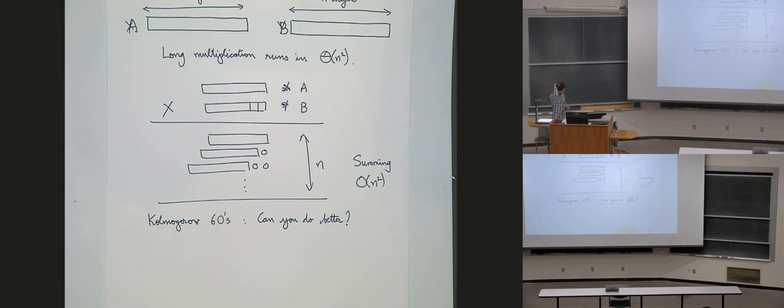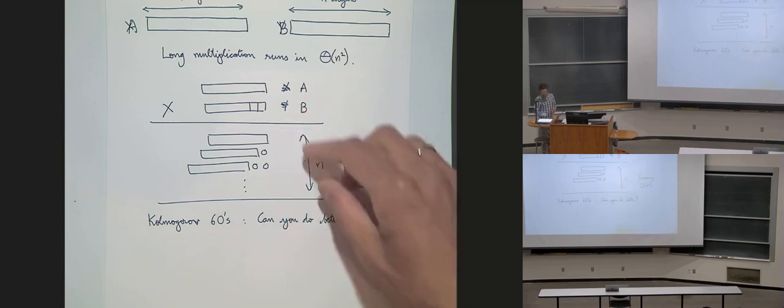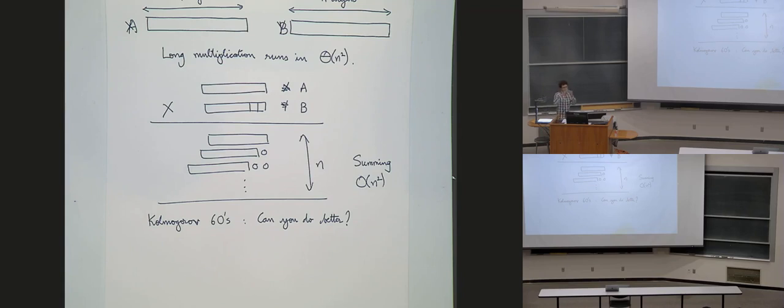So he went to a seminar and he posed this problem. They were actually interested in building circuits, and the question they were asking was the size of the circuit. If you try to represent this with gates, you can do it with an n-squared gate circuit, because in every gate you could do basically AND or OR, and addition can be broken up into ANDs and ORs. He thought that you could not do any better. So he had a seminar in the Soviet Union and he said, I conjecture you cannot do any better.